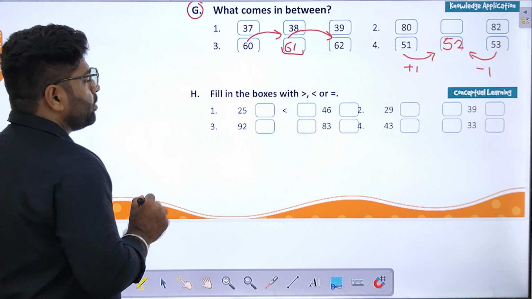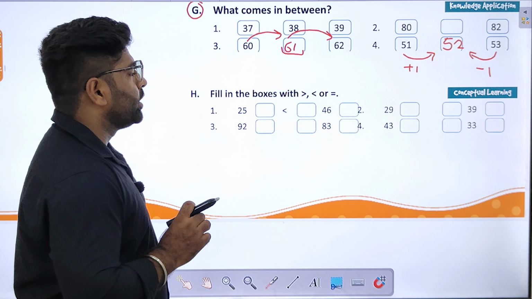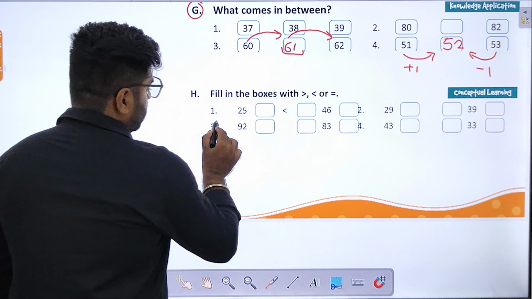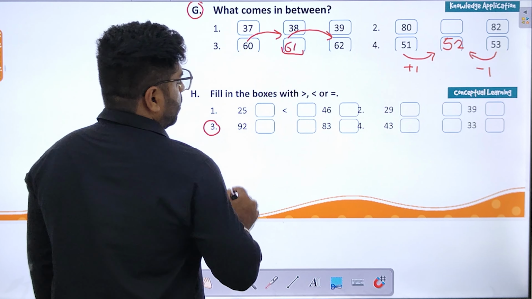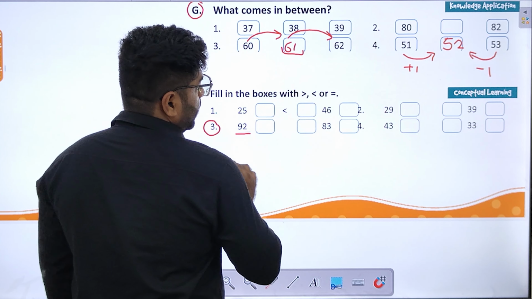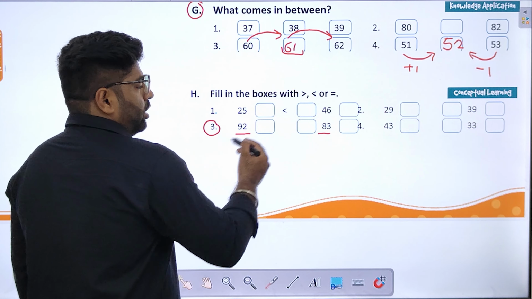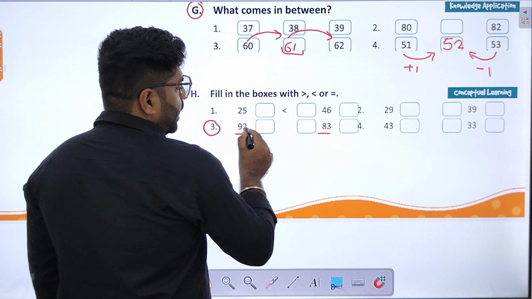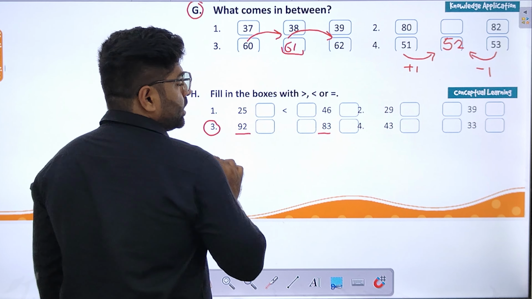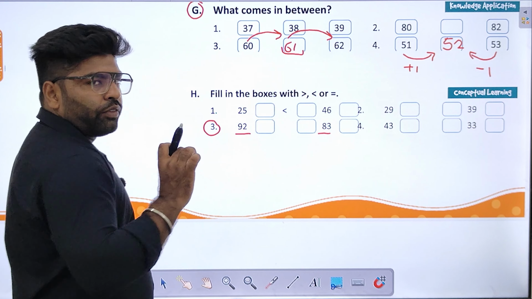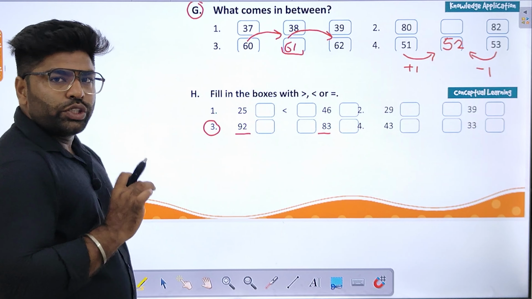Now come to question number H. Fill in the boxes with greater than, less than, or equals to sign. So here we are having question number 3. We are having 92 and here we are having 83. If we see this is 92 and this is 83, which one is greater? First thing, we have to compare the digits of these two numbers.